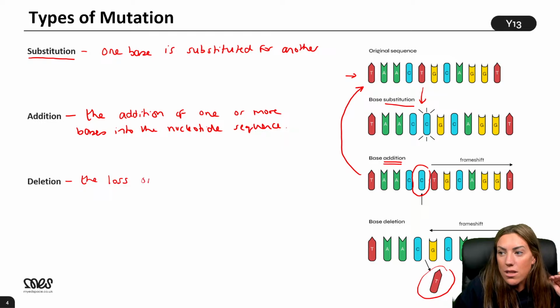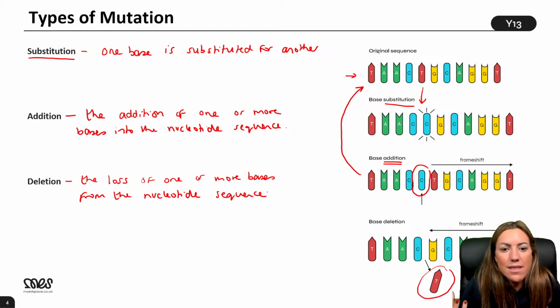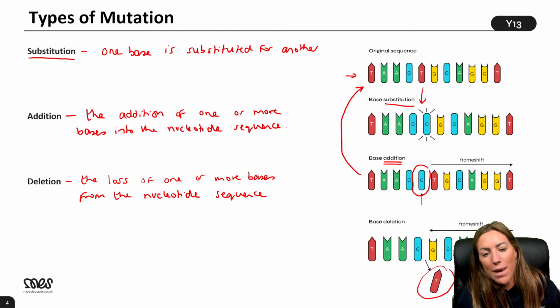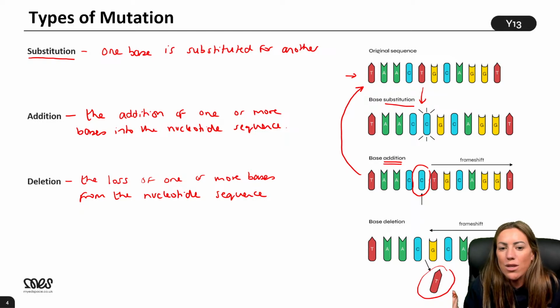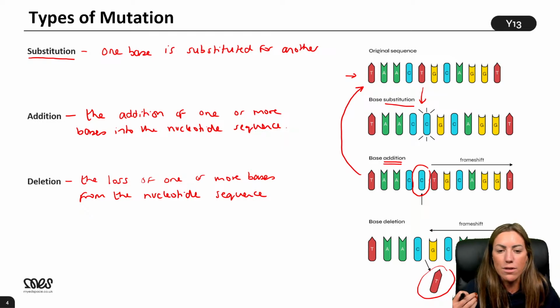So the loss of 1 or more bases from the nucleotide sequence. And all of these examples are changing the base sequence, right? Whether you're taking bases away, adding bases, switching bases, we are changing the base sequence of the DNA. So don't forget your basic definition of a mutation.